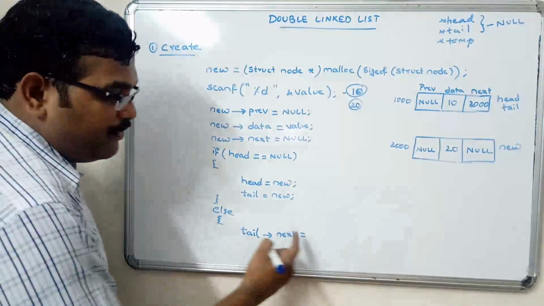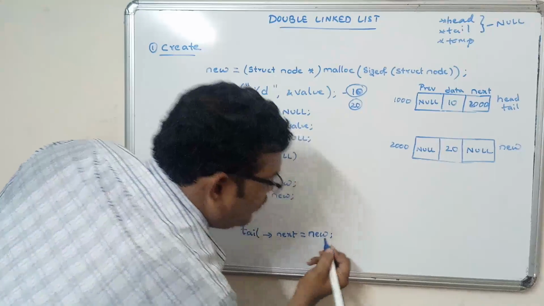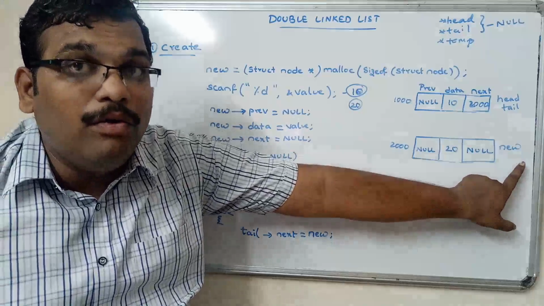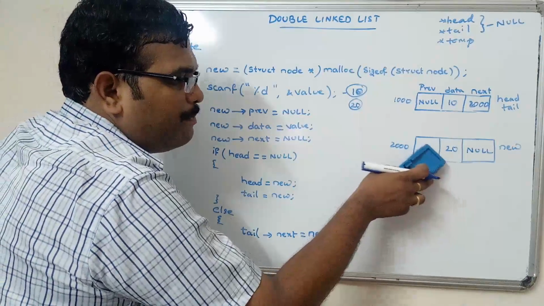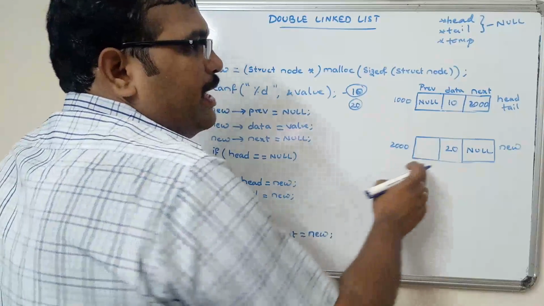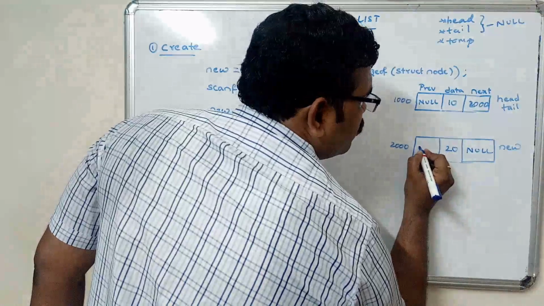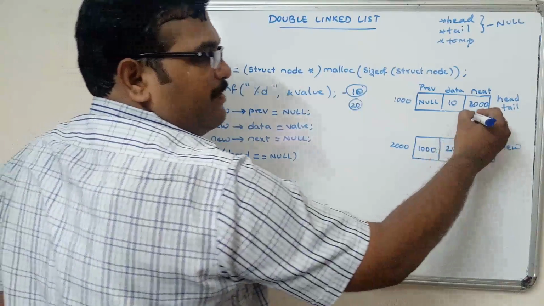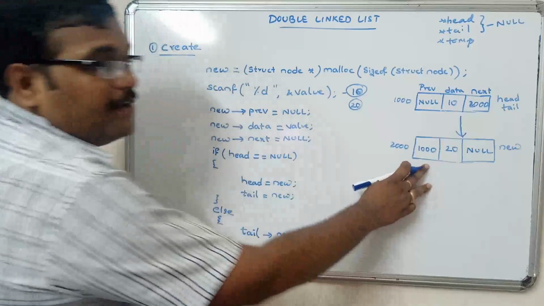So tail of next is equal to new. Now in the null place we have to store the address of head, so here it should be 1000, because this is the previous one.